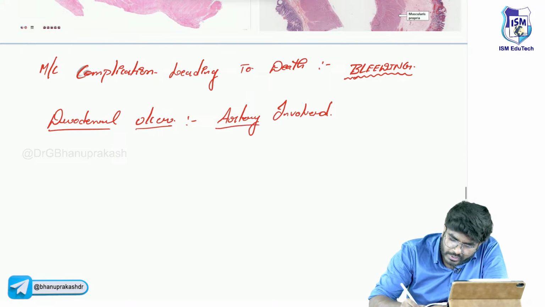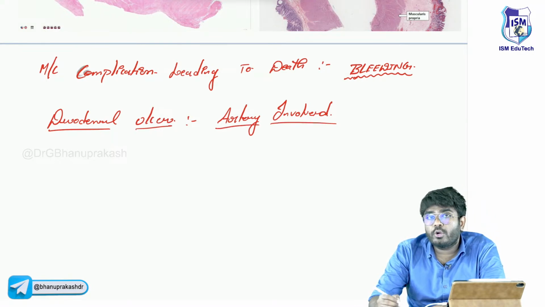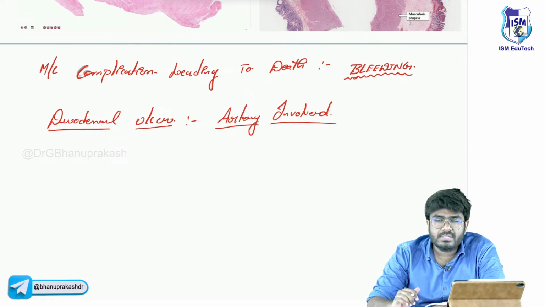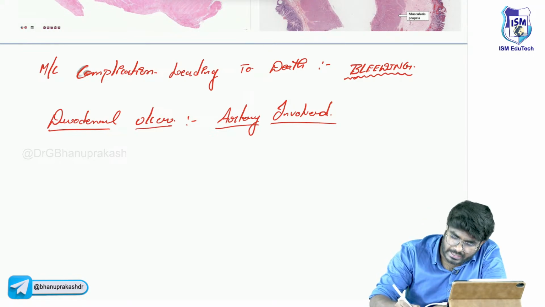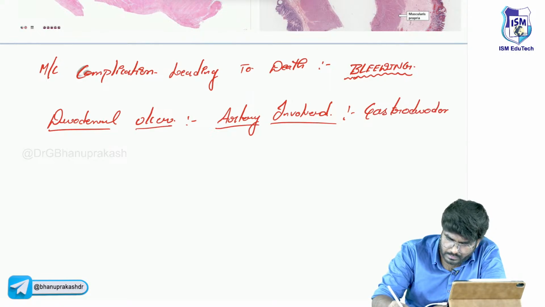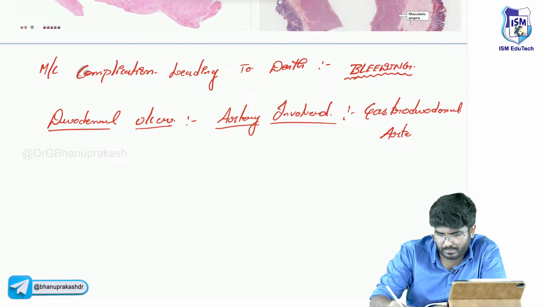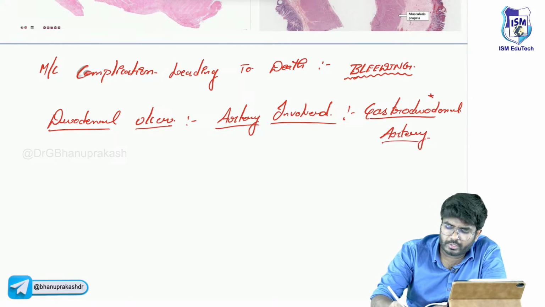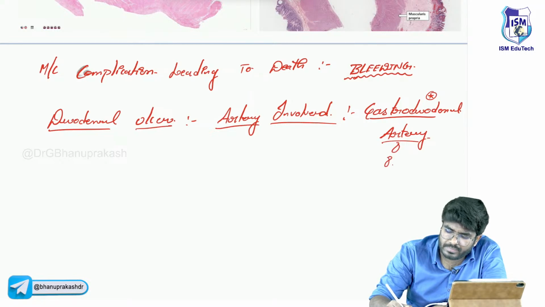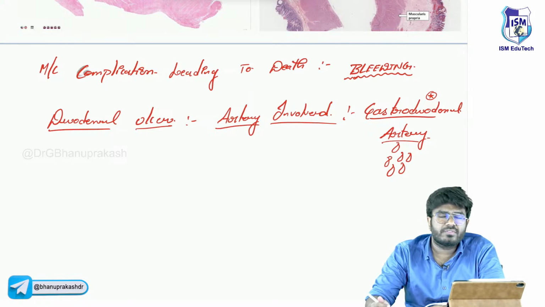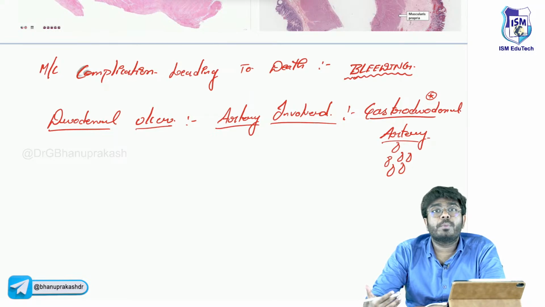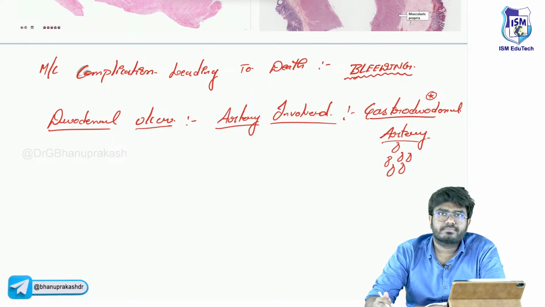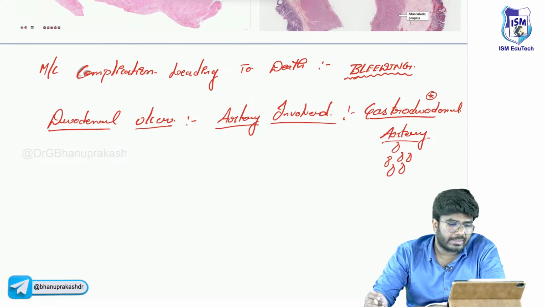The posterior duodenal wall ulcers can cause damage to the gastroduodenal artery, and the bleeding from it can actually kill the patient. If a smaller blood vessel is affected, the patient can have melena. If there is so much bleeding, it can cause hemorrhagic shock. The patient can go into shock and die.